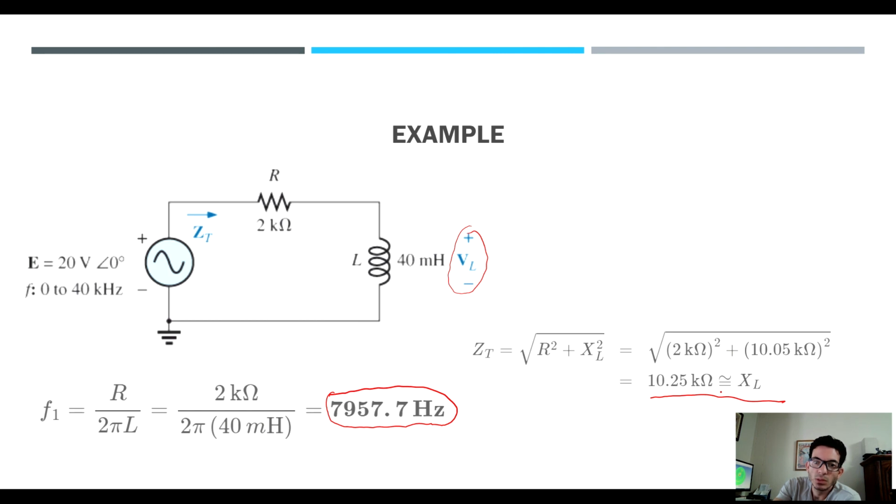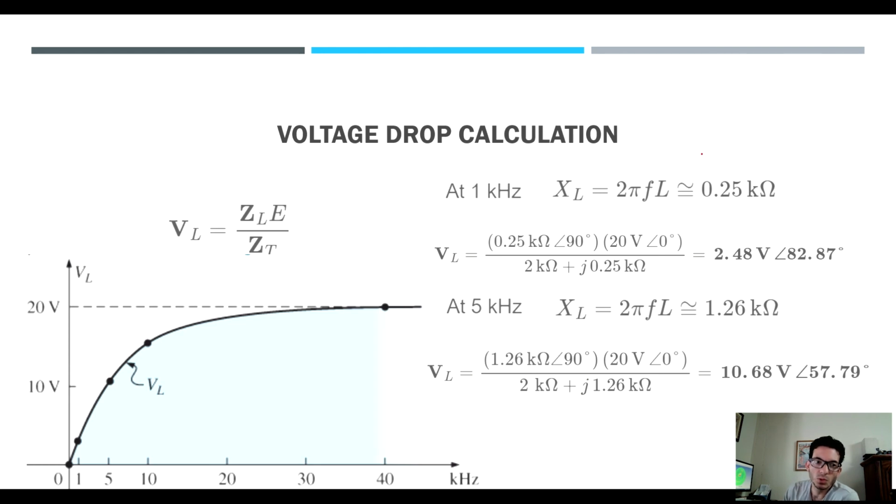The total impedance. So if you were to compute your voltage, you also have the voltage divider rule, where it's going to be the impedance of the inductor times the voltage divided by the total impedance of the system. In this particular case, you simply have to write down the values of each of these quantities, and you're going to find that the voltage increases until it converges at 20 volts for high frequencies.